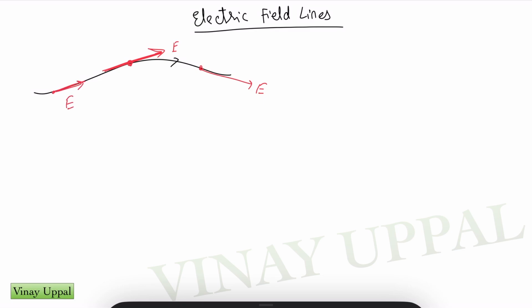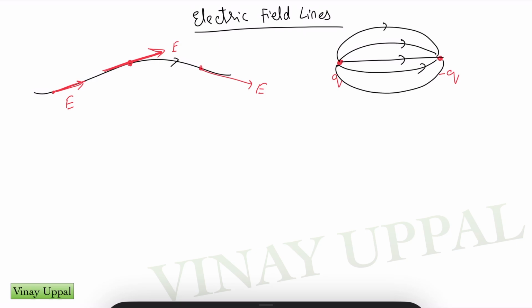So if you consider the case of 2 point charges q and minus q, the electric field line goes from the positive charge to the negative charge. Oh, these arrows should be inwards here. These field lines will be going into the negative charge. I had mistakenly drawn them away from the negative charge.